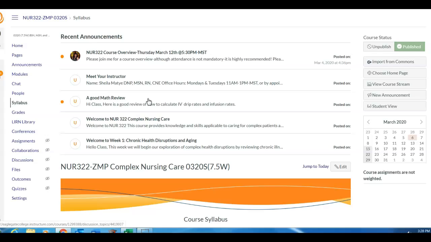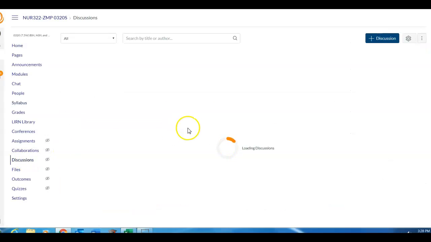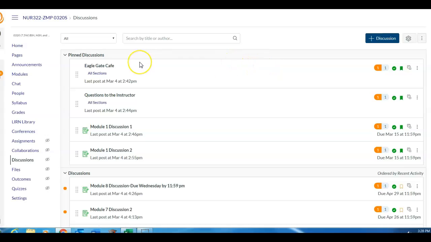On to the discussion posts. The discussion posts were moved this time; usually they were at the top. The discussion posts are here. You would pin your discussions each week by going over to this bar over here and pinning them. At the end of the week, you will unpin them and close them for comments.